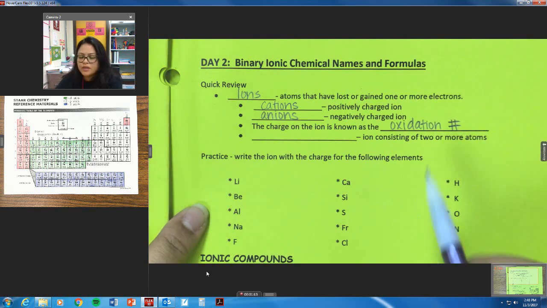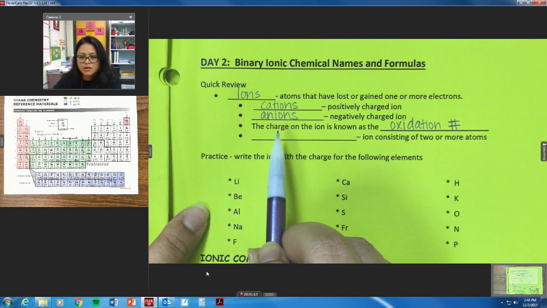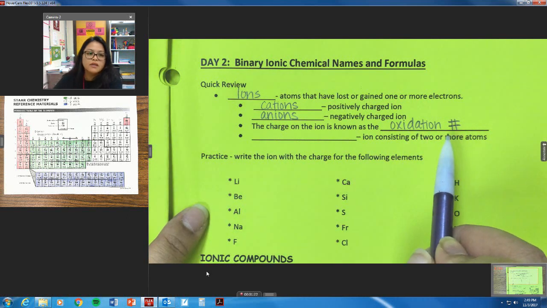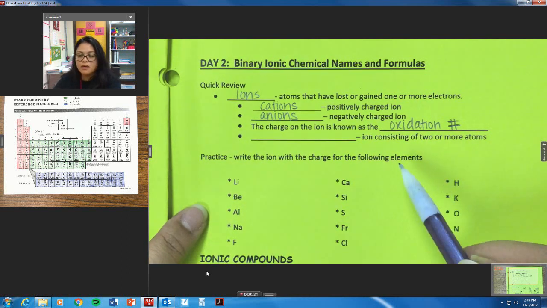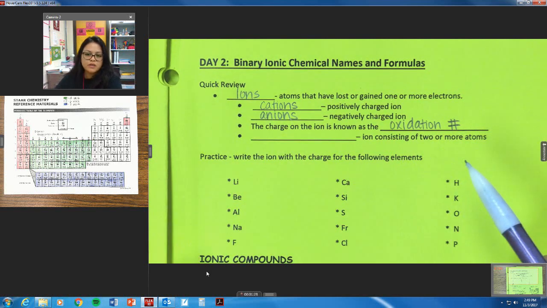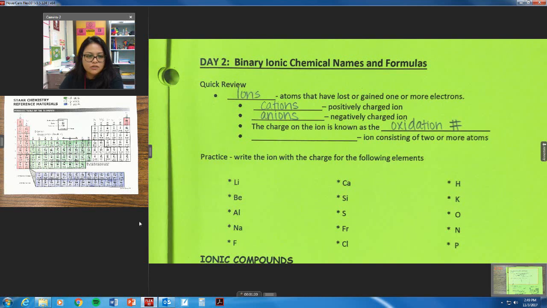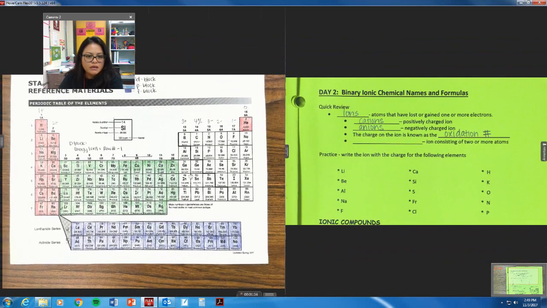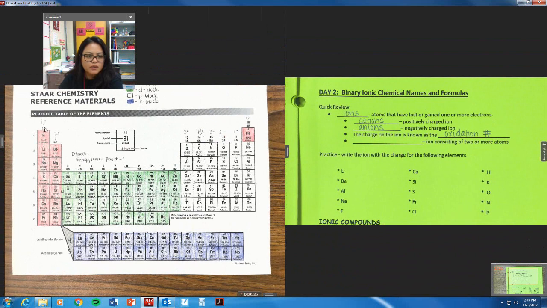So if you ever hear me say, what is the charge of an ion, or what is the oxidation number of an ion, it's the same thing. We wrote our oxidation numbers on our periodic tables yesterday. If you take a look right here on our periodic table, those numbers above the groups are our oxidation numbers.